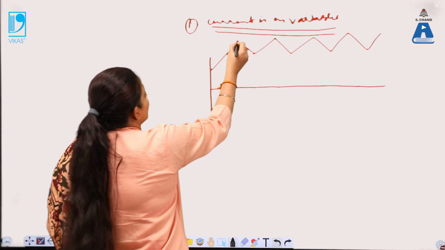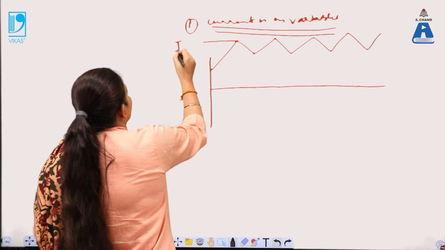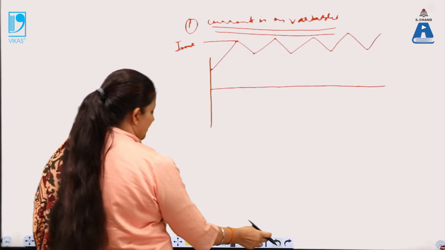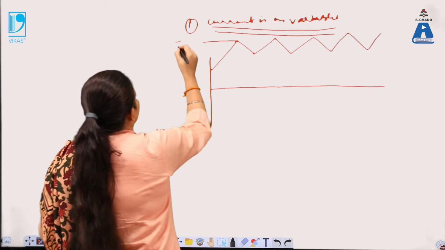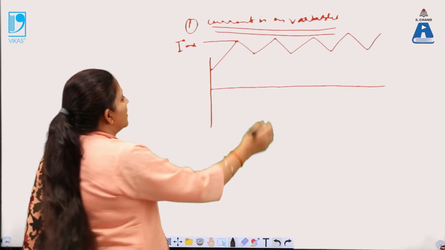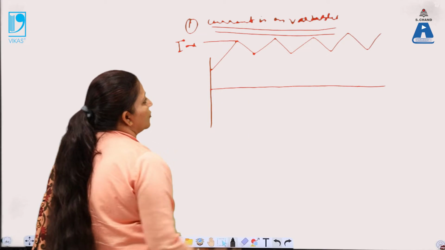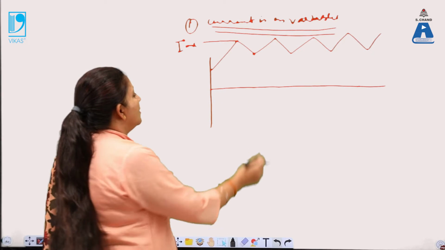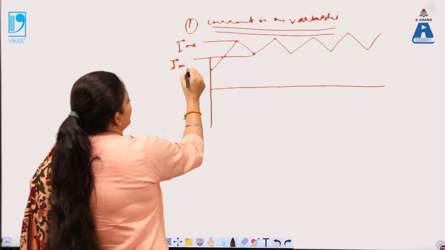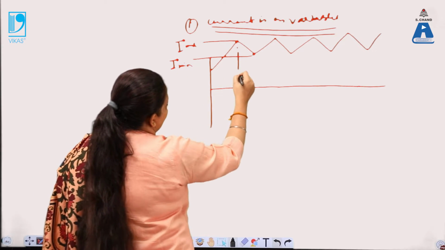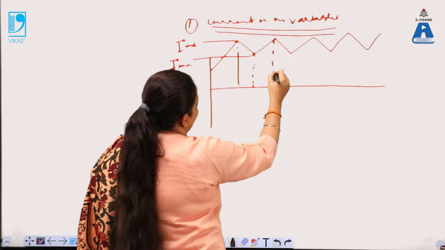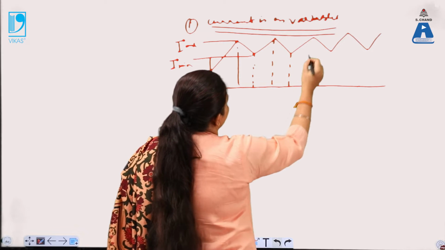This is the maximum value of current, which we can write as I naught max. Here the current is decreasing, so this is the minimum value of current, that is I naught minimum. Again there is a maximum, again a minimum value, again a maximum, again a minimum value.